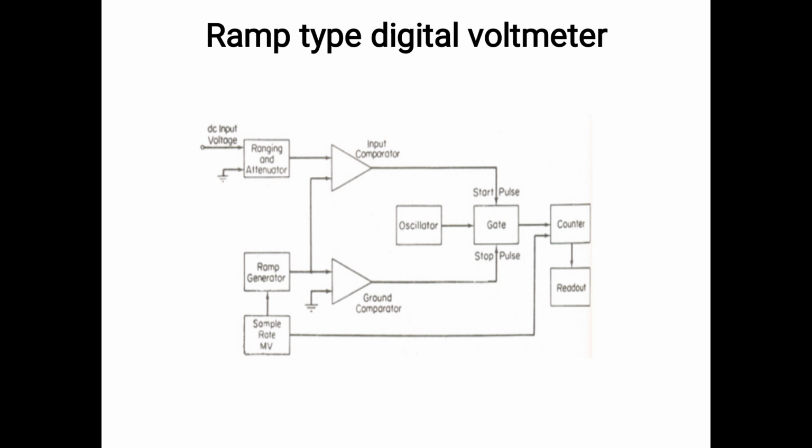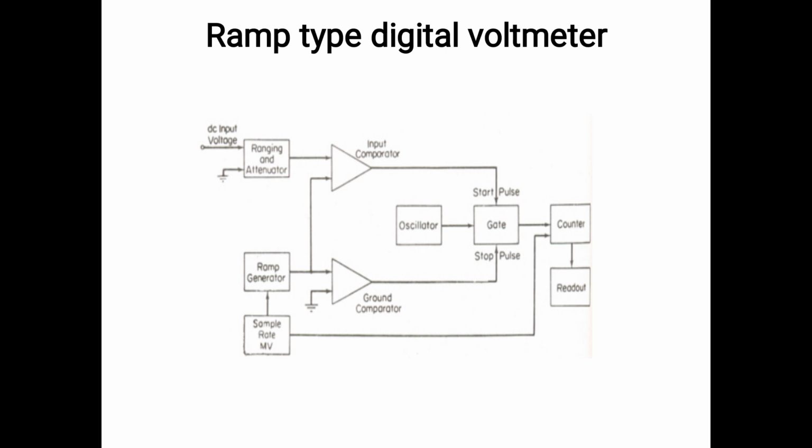The DC input voltage, which is unknown, is given to the ranging and attenuator section. After the required attenuation, it is given to the input comparator. This input comparator is nothing but our IC 741 op amp, which performs the comparison.